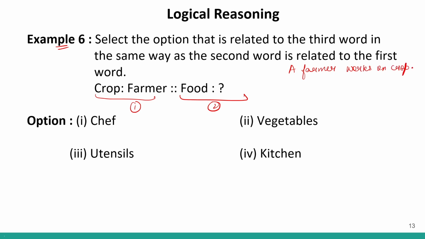That is his primary source of income. Similarly, a chef works on food. So this will be my logic, works on. So over here, the answer will be chef, which is given in option number 1.